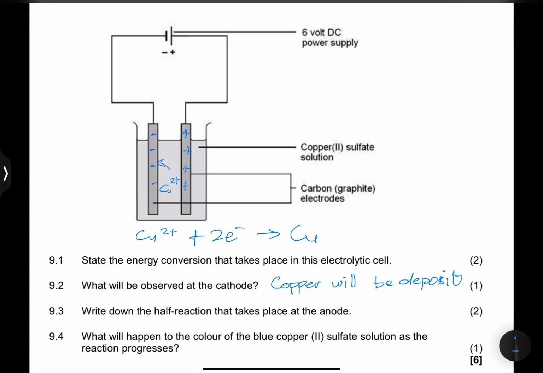Now, they say to us, write down the half reaction that takes place at the anode. Now, ladies and gents, I looked at this question and I really was not too sure about it.